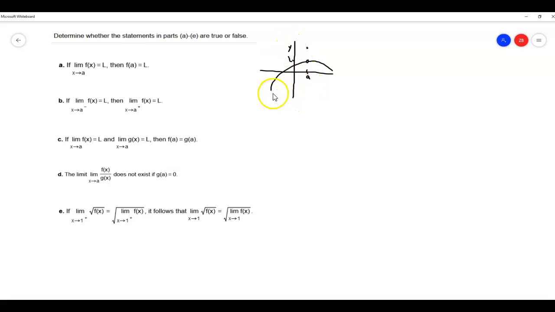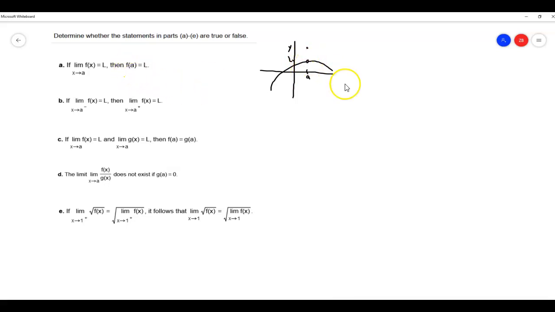Looking from the left, we're approaching this limit value here. Looking from the right, we're approaching that same limit value. So this is the y value where the limit exists because we're approaching that same y value from both sides. So we do say the limit exists right there because the point doesn't actually have to be there in order for the limit to exist.